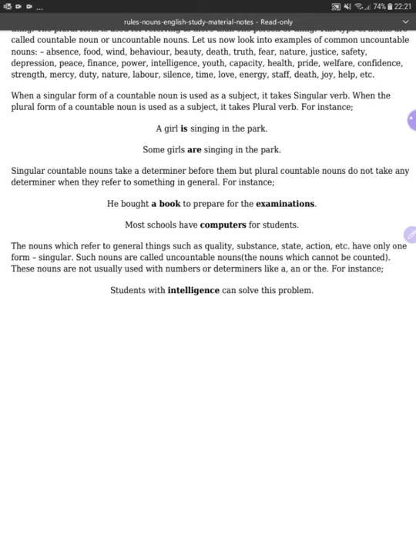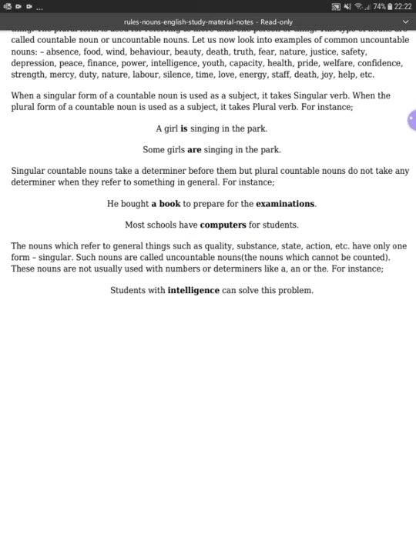So you can see that singular countable nouns take a determiner before them, but plural countable nouns do not take any determiner. So in this second example, can you find out the plural noun, that is computers? And since it is a plural countable noun, that's why it is not taking any determiners, right?